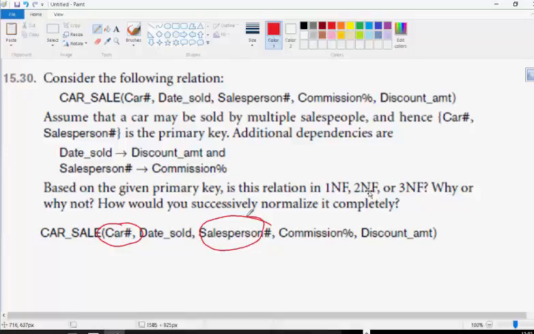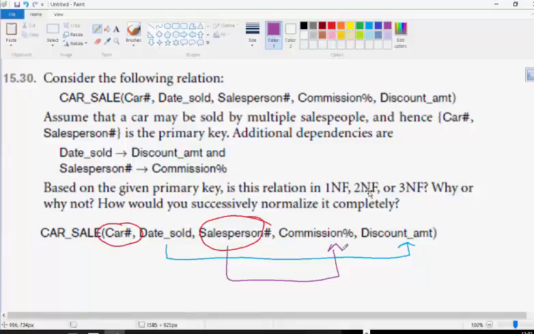One of my functional dependencies is that date sold should lead to discount amount. Another is that salesperson leads to commission. Based on the primary key, is this in first, second, or third normal form?